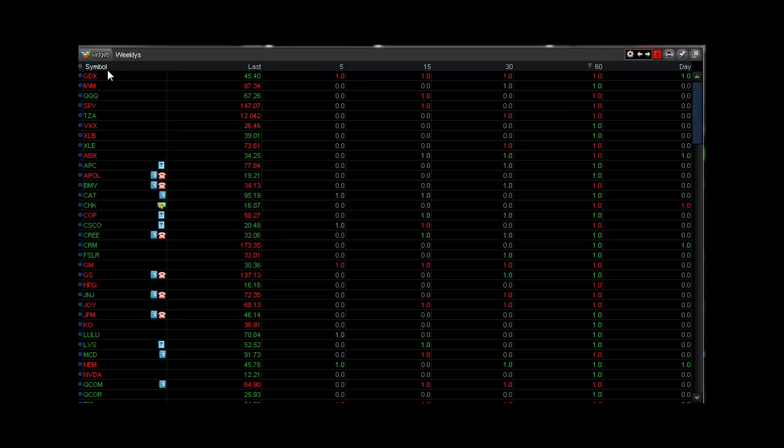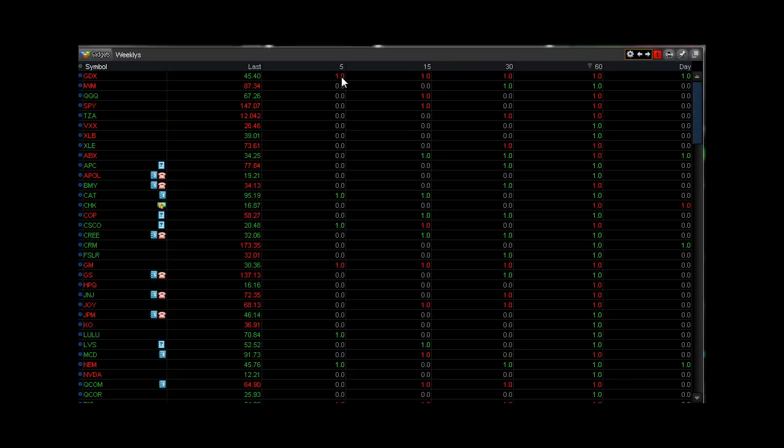So if you notice here, this is a scan that I did just for any stock that has weekly options. And I can scan it and break it down to any time frame, even down to tick time frames, basically minute time frames, for things that are in what we call a volatility squeeze, which we teach you how to trade at Paracycle Trading.